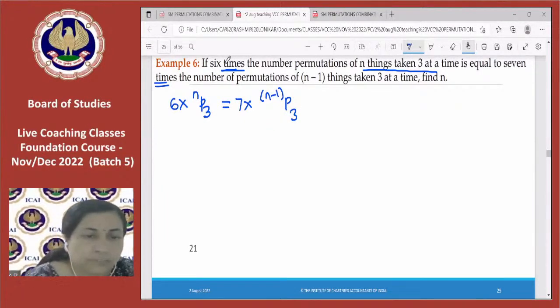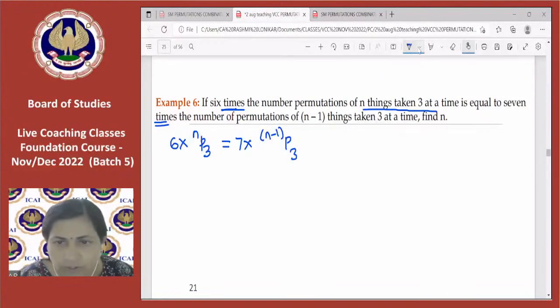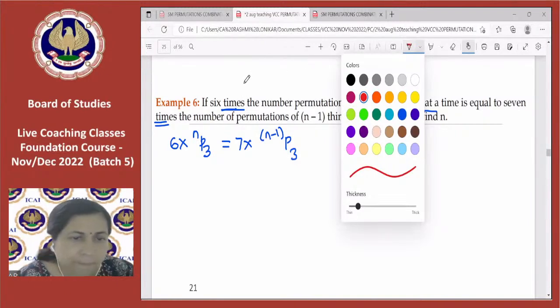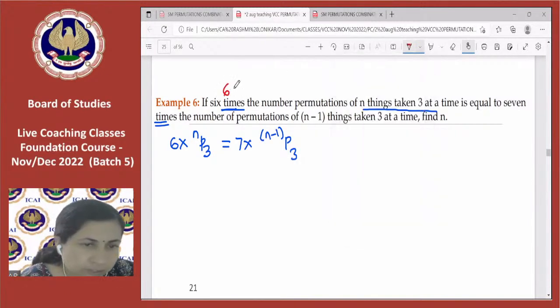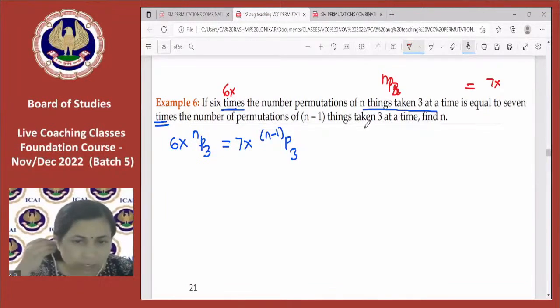Let me write it again for your understanding. 6 times means 6 into the number of permutations of n things taken 3 at a time, nP3, is equal to 7 times, 7 into the number of permutations of n minus 1 things taken 3 at a time.